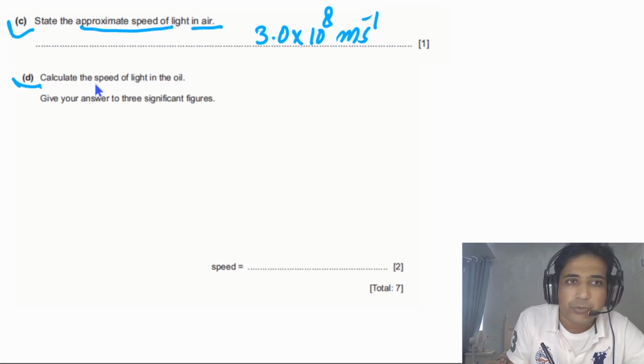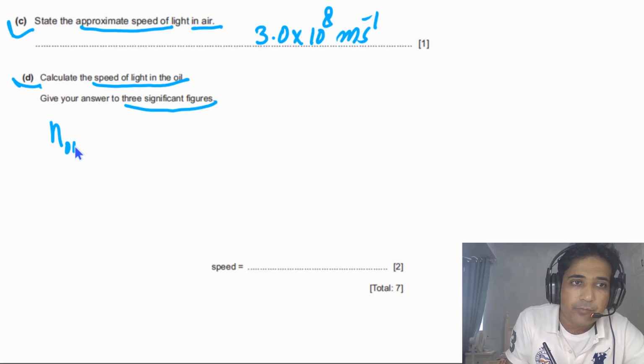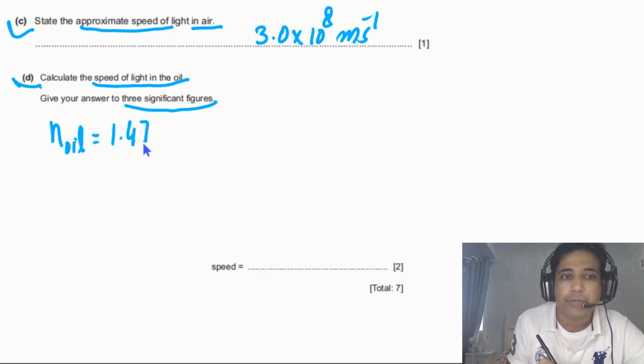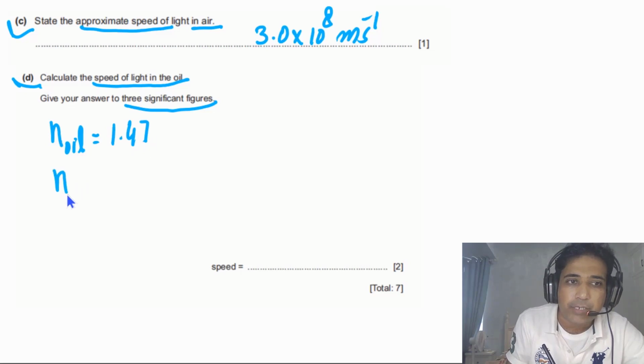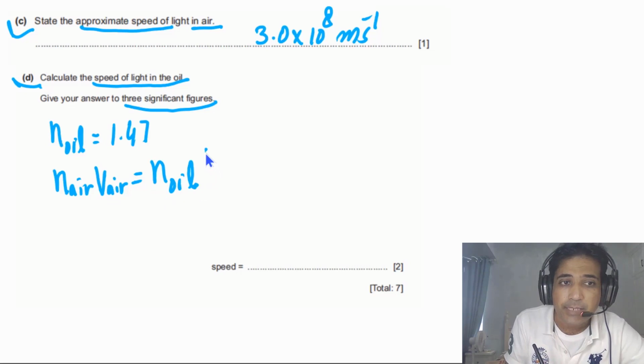For part D, we need to calculate the speed of light in the oil, and we need to give the answer up to 3 significant figures. So for this question we have the refractive index of oil, equal to 1.47. Now we need to understand that refractive index of air times speed of light in air is equal to refractive index of oil times speed of light in oil.